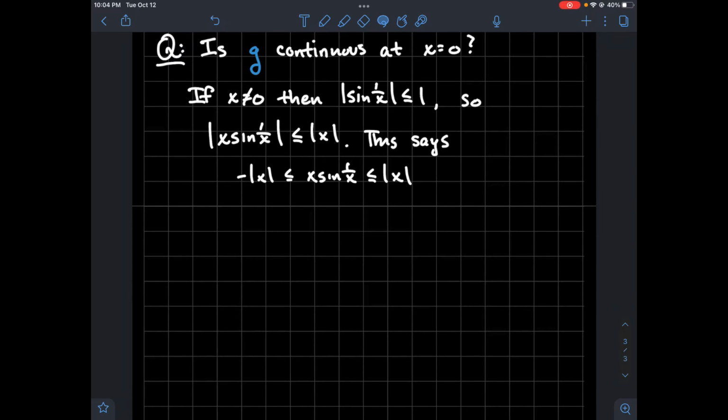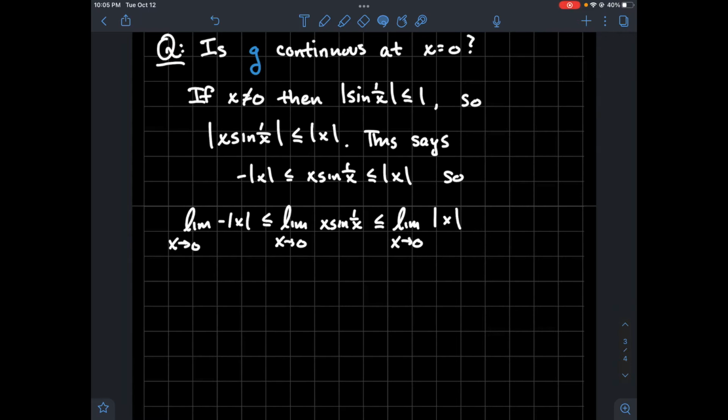Now I'm going to take the limit of everything as x goes to 0. Remember from calculus, limits respect inequalities. As long as the inequality is true for all your inputs, then the limit will respect that inequality as well, at least as long as it's a less than or equal to. So when I take the limit as x goes to 0 of everything above, I really just care about what's going on at the outsides.